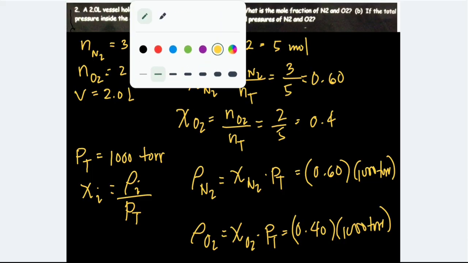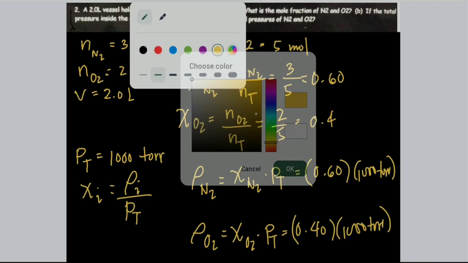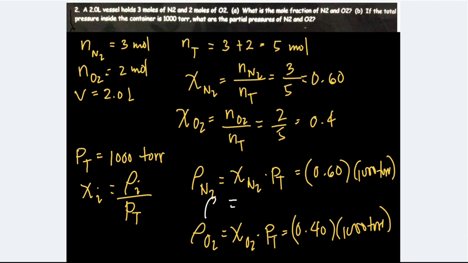So let's calculate this. Partial pressure of N2 is 600 torr, and this one is 400 torr.